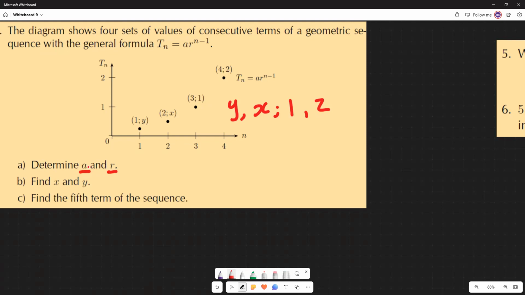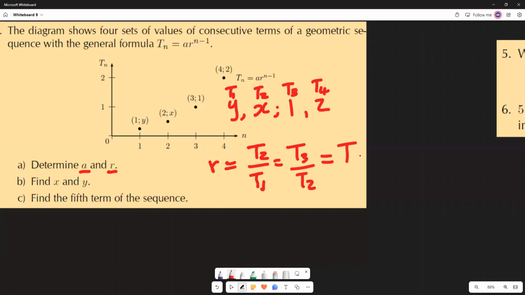That should be an easy thing to do, because I can easily get x. You have term 1, term 2, term 3, and term 4. Term 2 over term 1 is your ratio R, which is the same as term 3 over term 2, which is the same as term 4 over term 3.